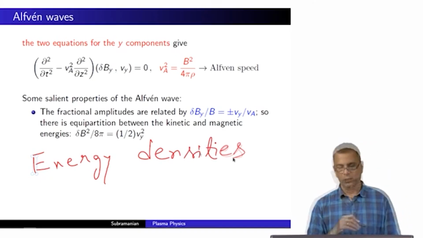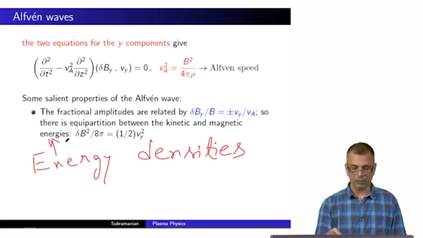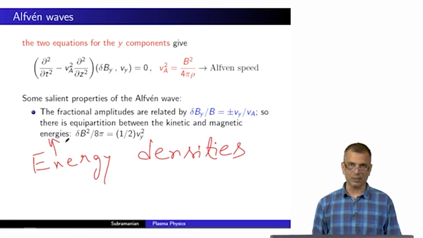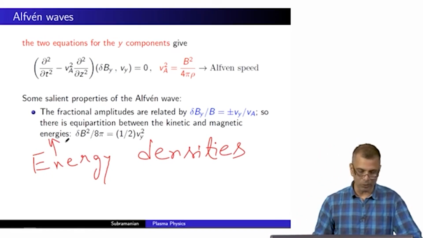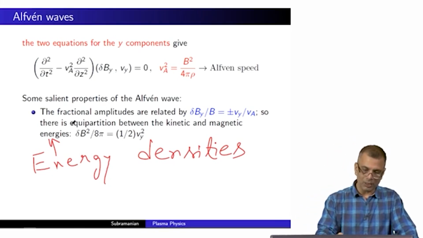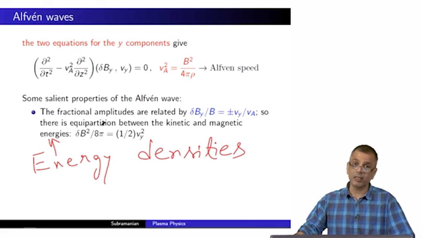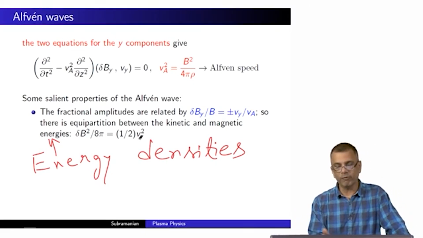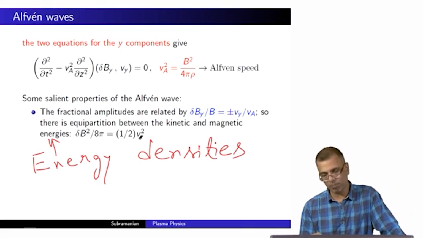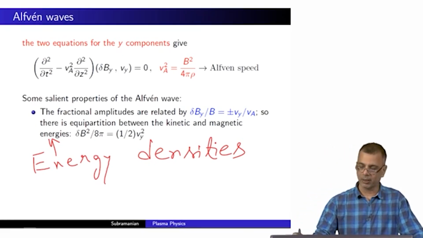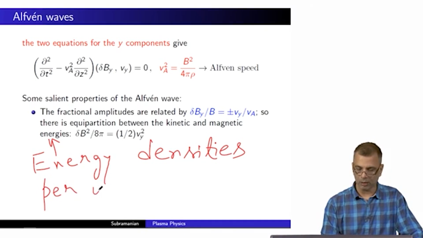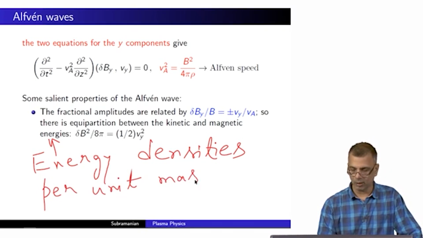I've been a little loose, it's not so much energies, but it should really be energy densities. There's a bit of a loose way of saying it. So the delta B squared over 8 pi is the energy density in the magnetic field perturbations, and half V squared, energy densities again, per unit mass.